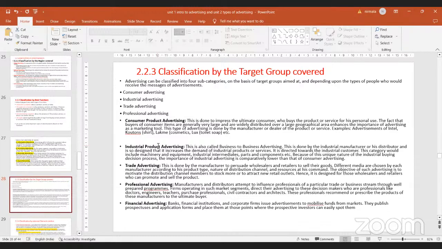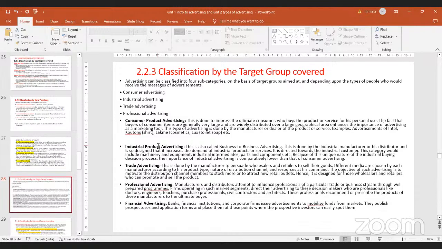For example, consumer product advertising is where you are only targeting the consumer and persuading or influencing the consumer to buy the products and services offered by your company to satisfy their personal needs.